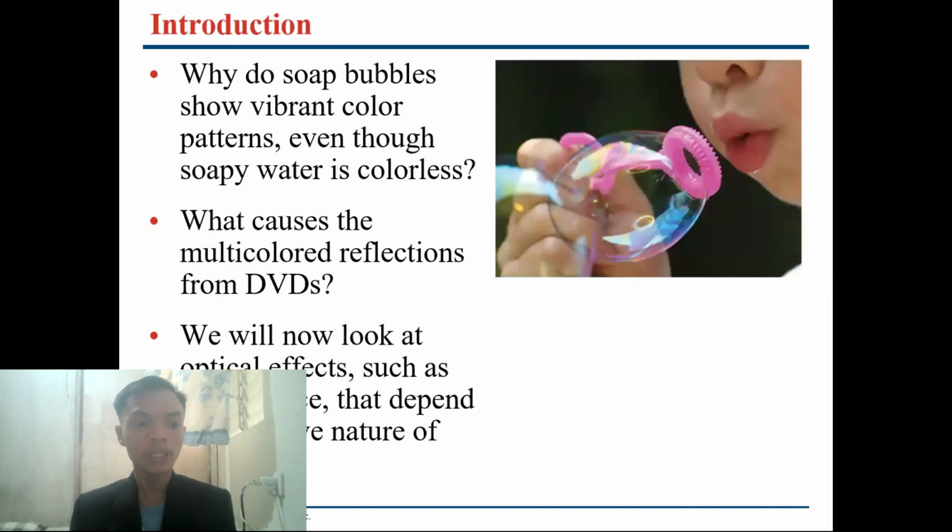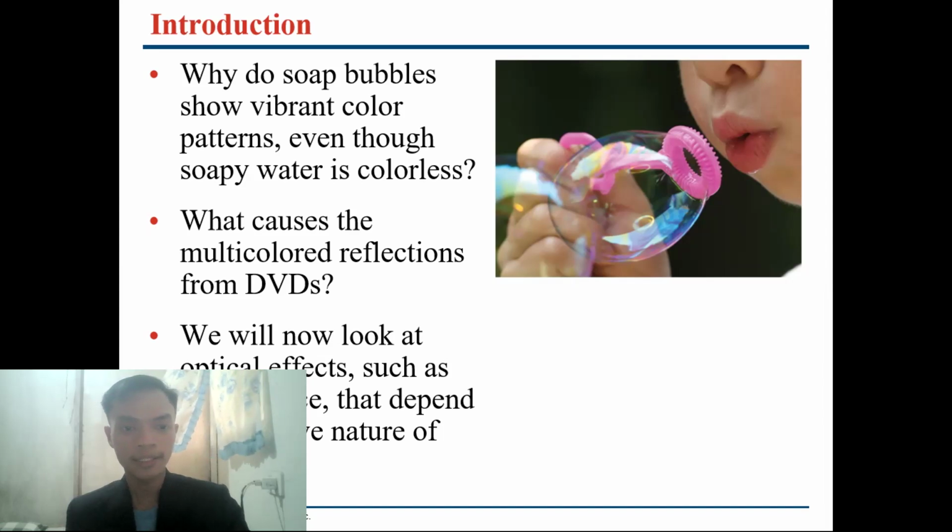To begin with, let's start with these familiar insights. Why do soap bubbles show vibrant color patterns, even though soapy water is colorless? Second question is, what causes the multicolored reflections from DVDs? And lastly, we will look at optical effects such as interference that depend on the wave nature of light.